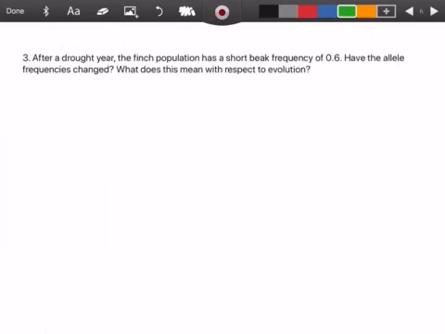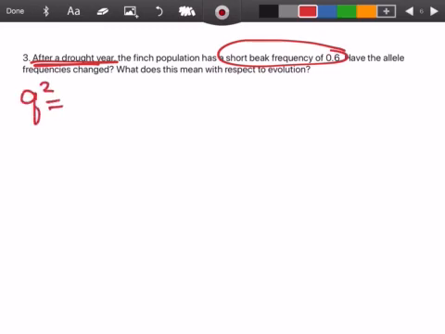Now, let's use this to determine whether or not evolution is occurring. So, after a drought year, the finch population has a short beak frequency of 0.65. So, in our last problem, the short beak frequency, or the q squared, was 0.75.